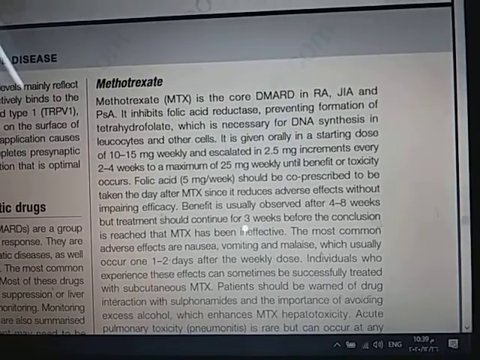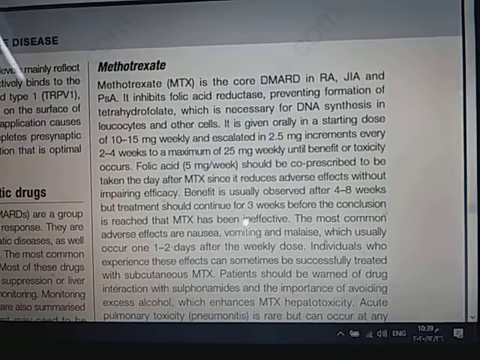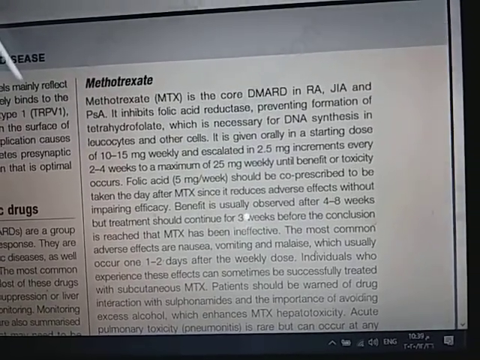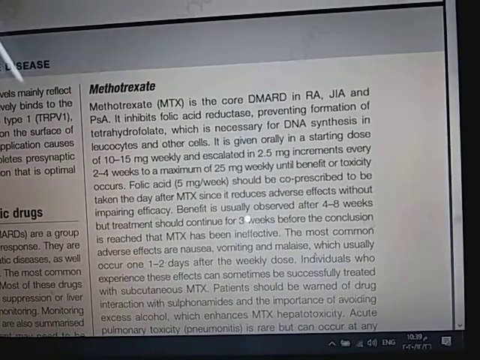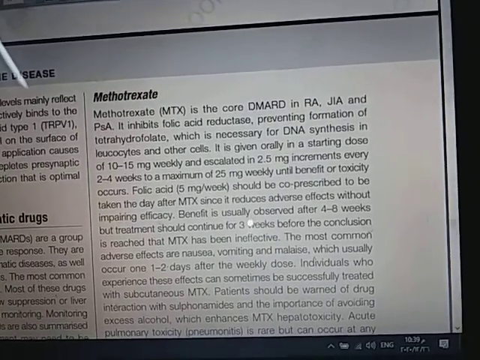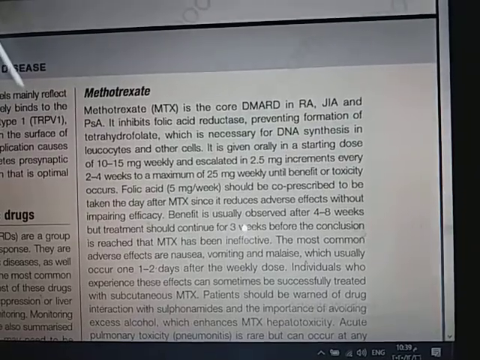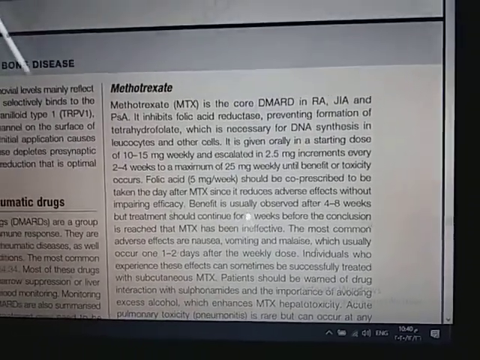MTX is given as once weekly doses, 7.5 milligram up to 15 milligram once weekly. Or if gastritis occurs, one may give it as subcutaneous or intramuscular weekly doses.